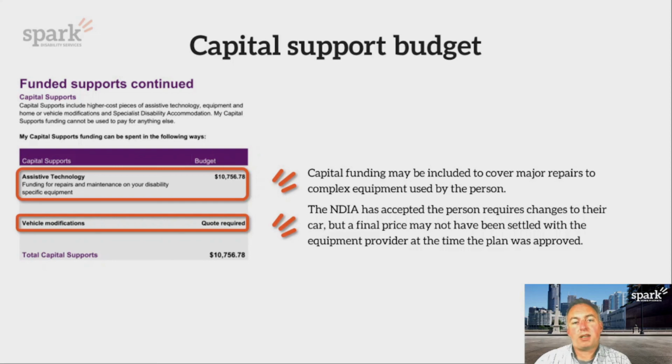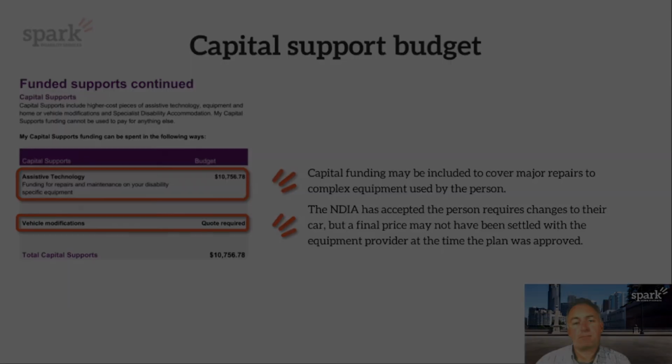At the time that the plan was approved, however, the information available to a local area coordinator or to the NDIA planner may not have included the specific price of the equipment and the modifications required. In that case, the planner has considered the information available, agreed that the modifications are necessary and reasonable. What is required is a quote from an equipment provider to determine exactly how much funding is needed in the plan.